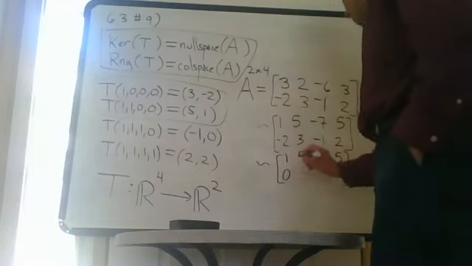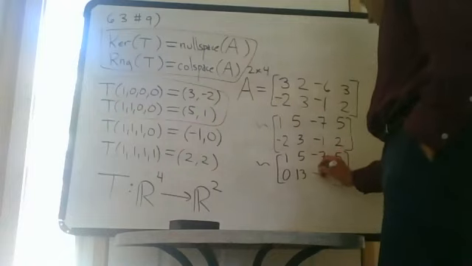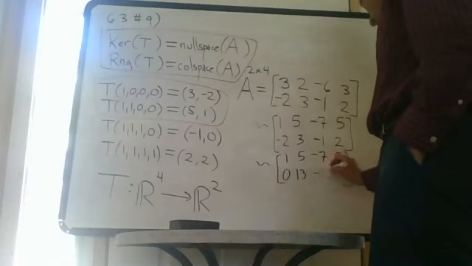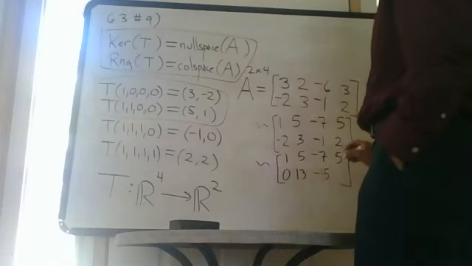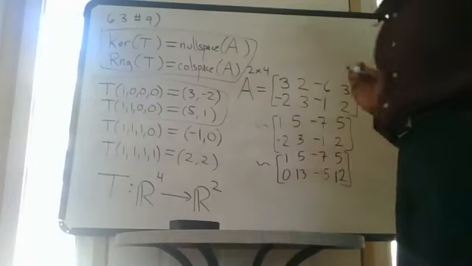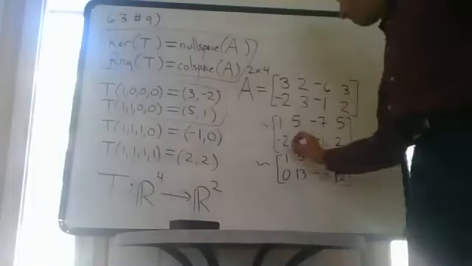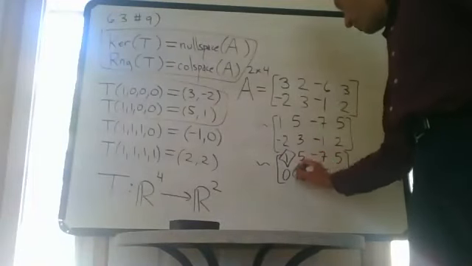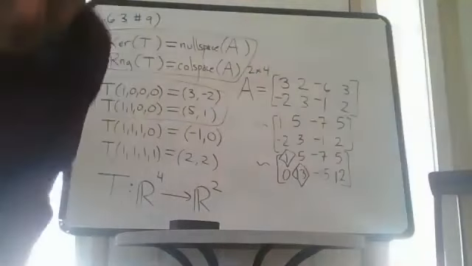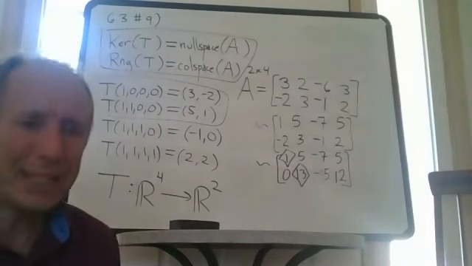And when I take 2 times the first row and add it to the second row, I'm going to get 0, 13, negative 15, I believe, and 12. Okay, so I'm just row reducing the matrix. And this is basically going to be your row echelon form at that point, more or less.